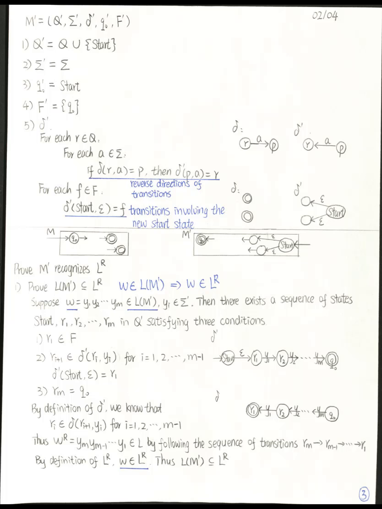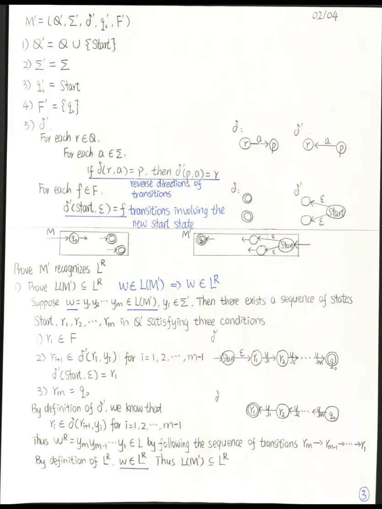In the original machine, the computation starts from Q0 and follows directions to reach final states. And now my new machine starts the computation from this start state. And by following epsilon transitions, it can reach all the final states in that M, and from there they can reach backward to Q0. This is the construction of this new machine.